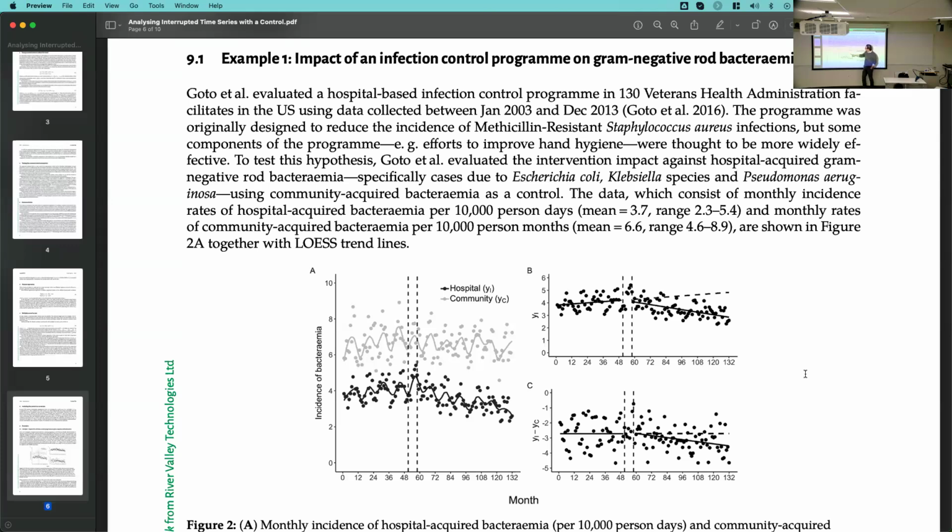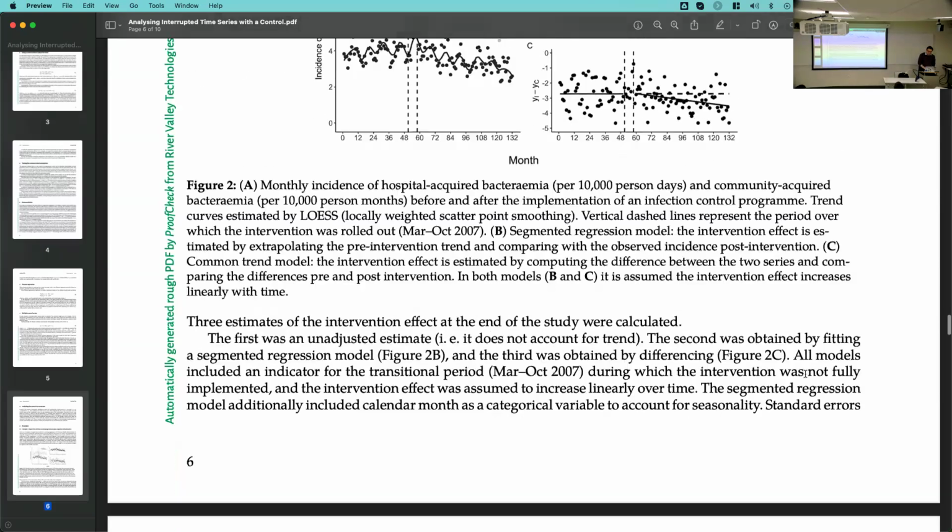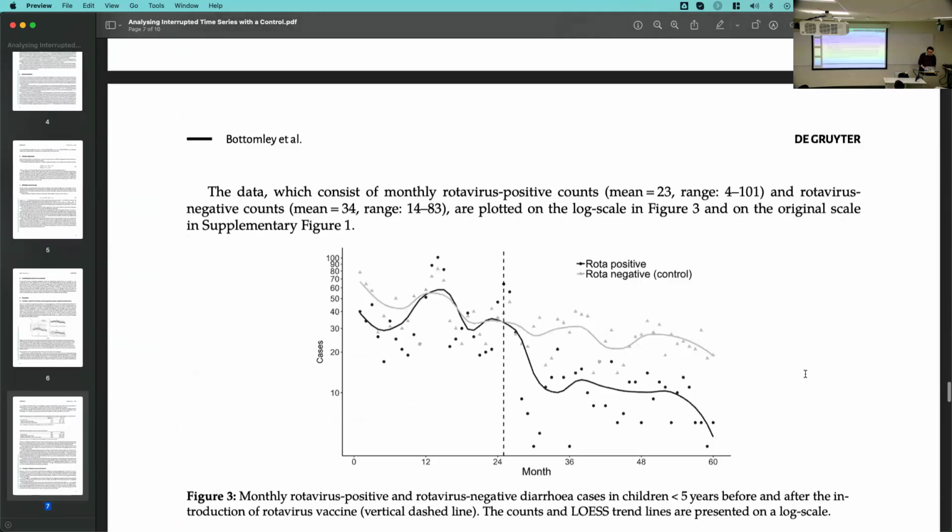So you can compare the changes in trends and level between the control and treatment to get a much better sense of the causal impact of this policy intervention that was introduced in the hospital. Make sense? So here it is different populations, same outcome. The next one over is the other one.